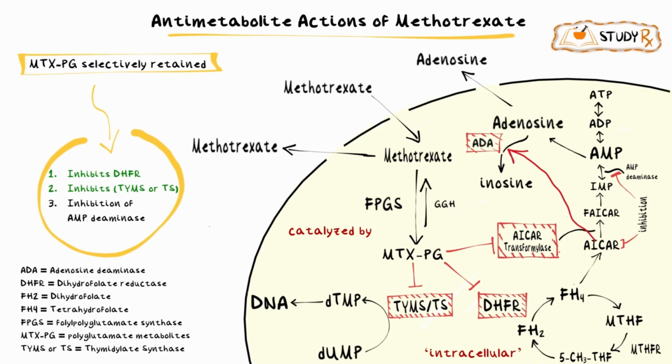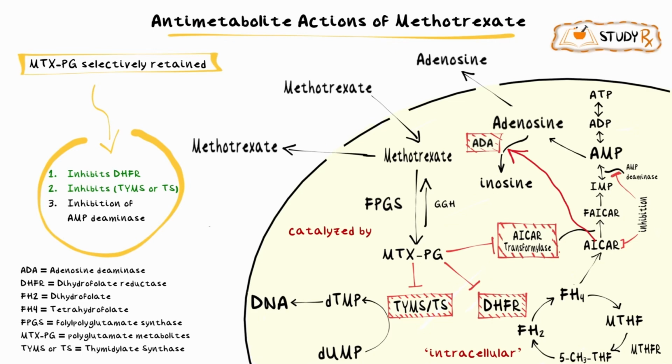The reason why AICAR is equally important to understand is because AICAR inhibits adenosine deaminase, abbreviated as ADA, and AICAR also inhibits AMP deaminase. These multiple inhibition actions made by AICAR will cause an accumulation of adenosine, and the accumulation of adenosine leads to its anti-inflammatory activity.